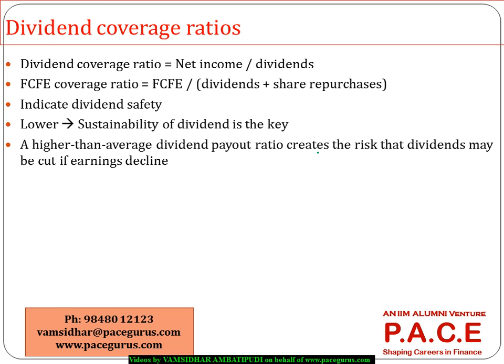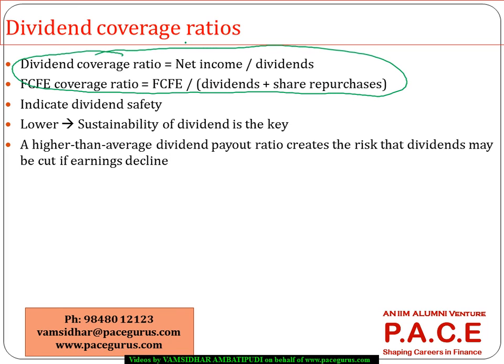And as far as the metrics relating to dividends are concerned, we look at a few dividend coverage ratios. There are two important ratios which we focus on. One is the dividend coverage ratio, where we look at net income to dividend. Logically, I could have looked at it the other way: dividend to net income, which is what we call the payout ratio.